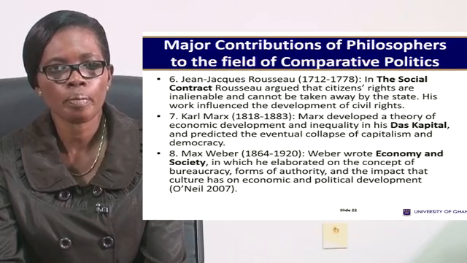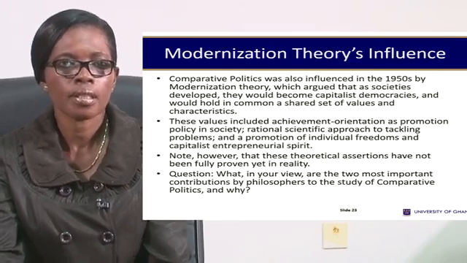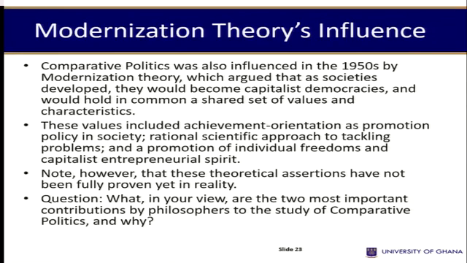We must also remember that comparative politics was greatly influenced also by modernization theory in the 1950s. Now, modernization theory argued that as societies developed, they would become capitalist democracies and would hold in common a shared set of values and characteristics.